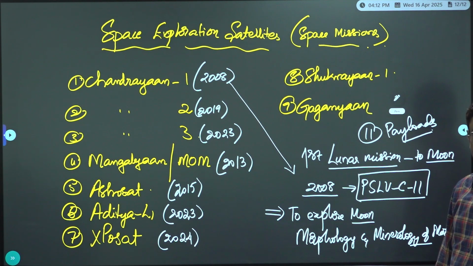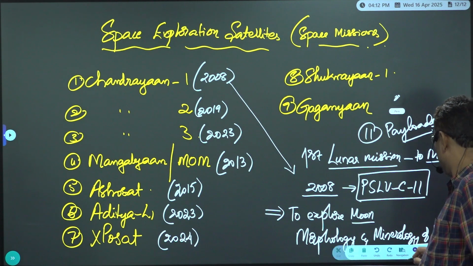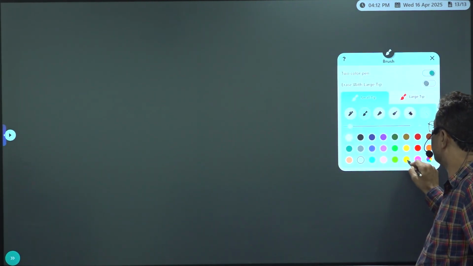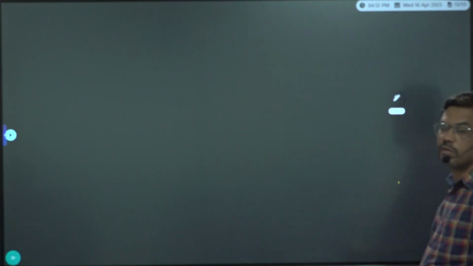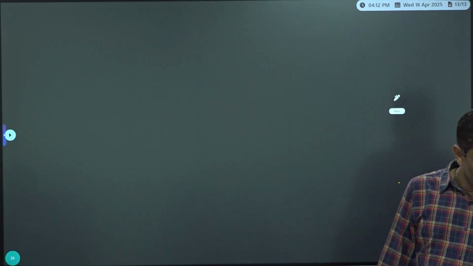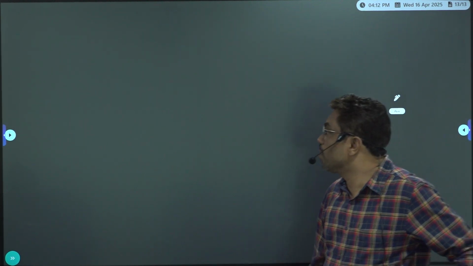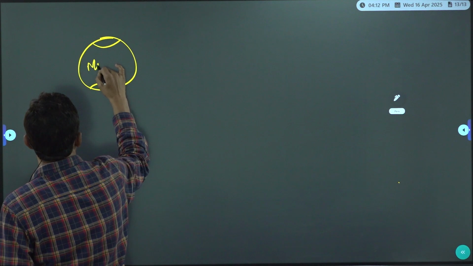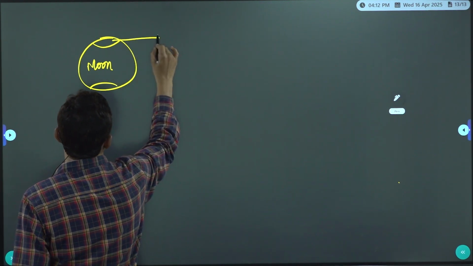Okay, what are the major findings of this Chandrayaan 1 mission? Chandrayaan 1 confirmed that the moon's poles are home to water. That means in the polar regions of the moon, water is available.